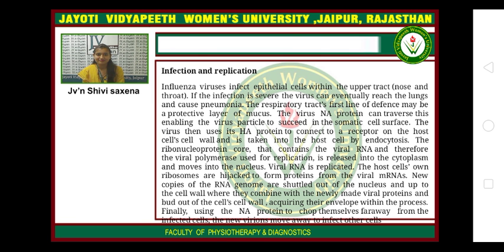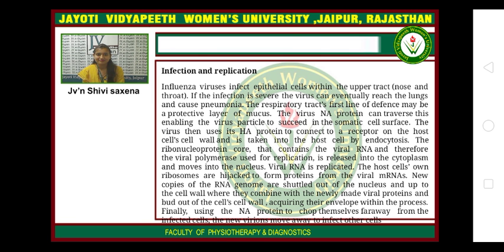The virus then uses its HA protein to attach to a receptor on the host cell wall and is taken into the host cell by endocytosis. The ribonucleoprotein complexes contain the viral RNA and the viral polymerase used for replication.